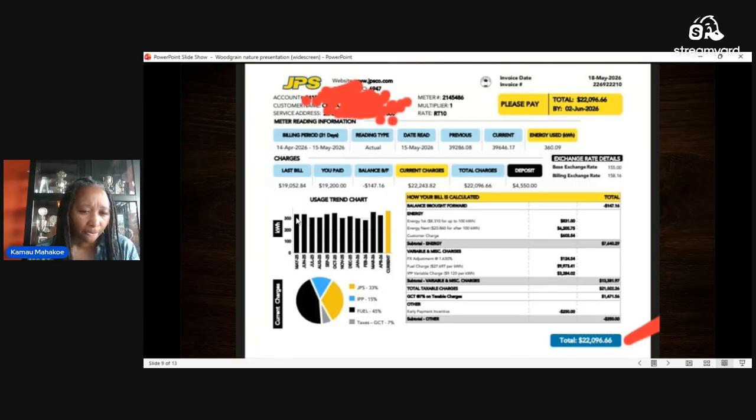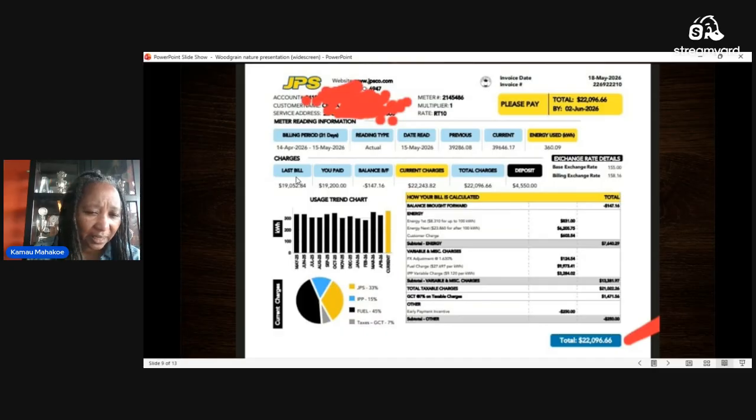If you notice, they have the last bill, how much you paid on the last bill, and your balance, the current charges, and the total charges. And there's a deposit here. So I'm going to break down all of those for you, okay?